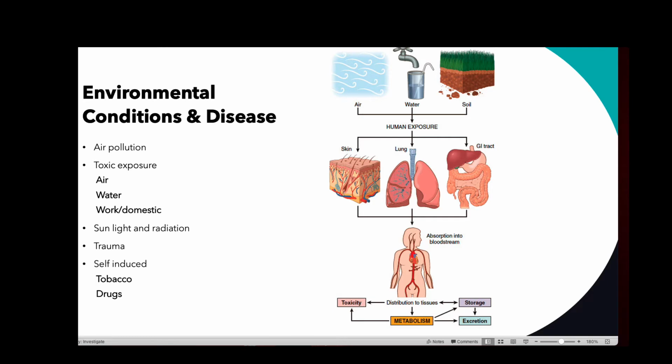So there are a number of specific environmental issues that can impede on human health and human wellness. And these issues can include things such as air pollution, toxic exposure, toxic elements or irritants in the air, in the water, in the work and domestic locations. All these things can have a significant impact on your health.